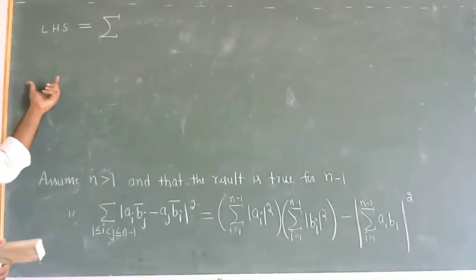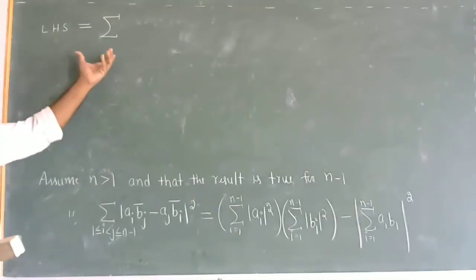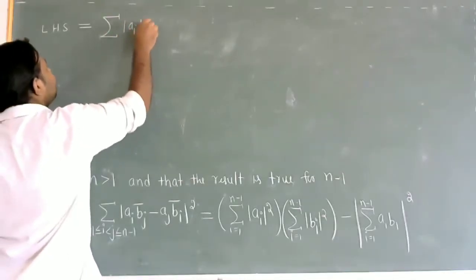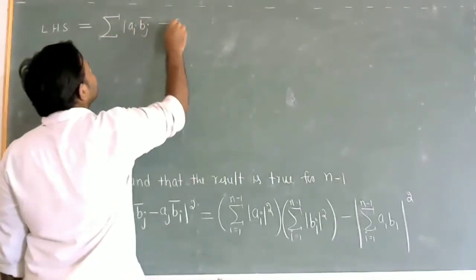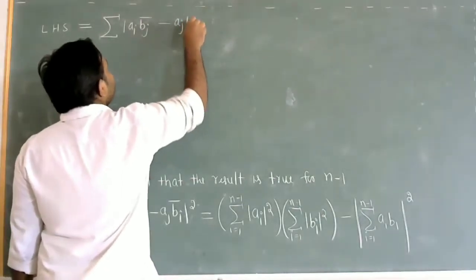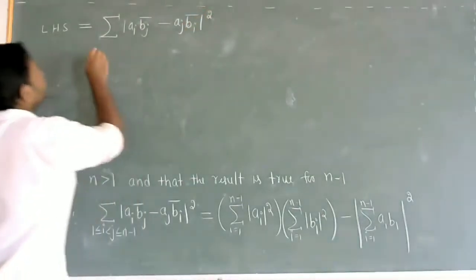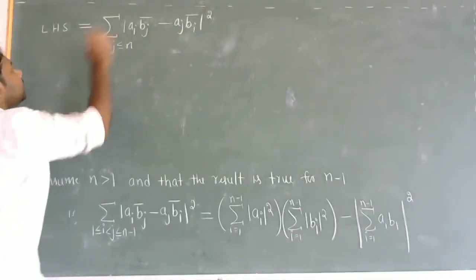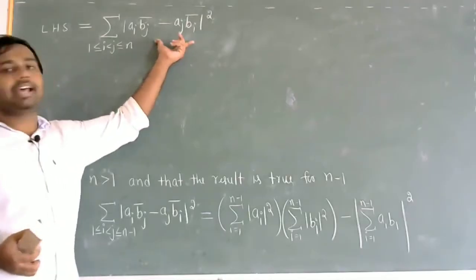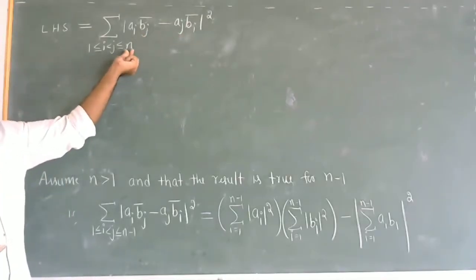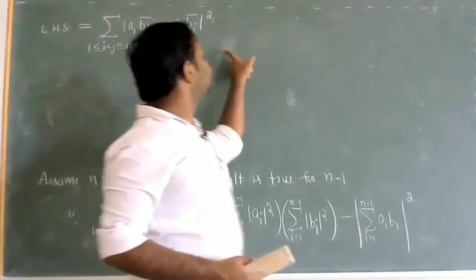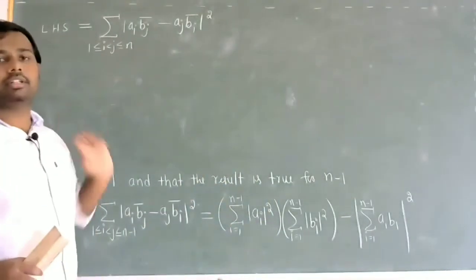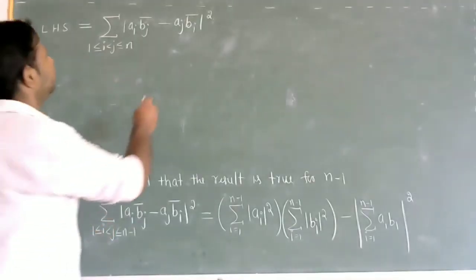Consider the left hand side of the given result for the natural number n, that is modulus ai bj bar minus aj bi bar modulus whole square, 1 is less than or equal to i less than j less than or equal to n. I have considered the left hand side for the natural number n. Now we shall prove that it is equal to the desired right hand side with respect to the natural number n.